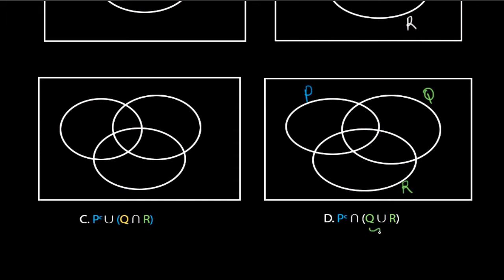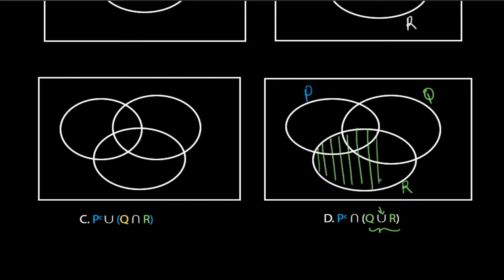Because the one in brackets says the union of Q and R. So I'm going to shade Q and R together as if they are a whole. This is the circle that represents R, and this is the circle that represents Q. Because of the brackets and the union, I decided to represent them in the same color, just to clear all doubts. So this is Q union R.